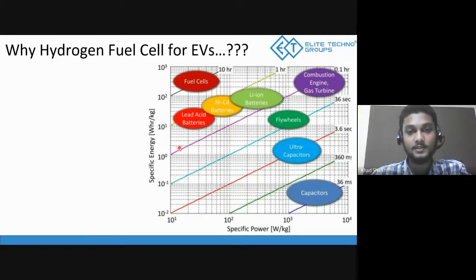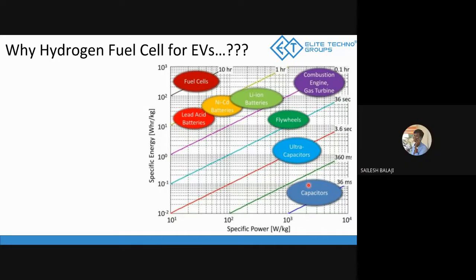I don't think some of you know the name of this particular chart, but just try to answer: what is common among all these terms listed in the chart? It is showing some energy level.